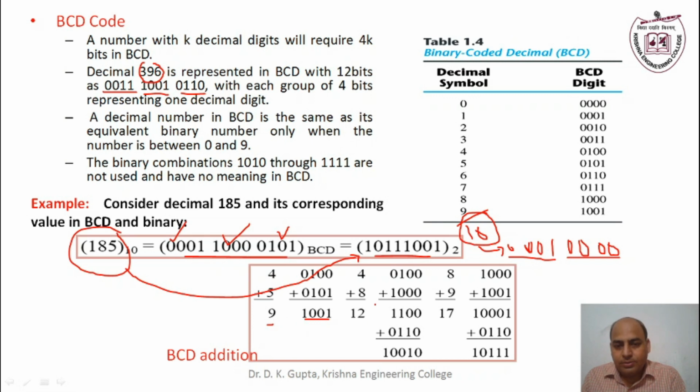But whenever we add 4 plus 8, 4 means 0100 and 8 means 1000. When we add these two, we get the sum 1100, and 1100 is invalid BCD, because BCD ranges from 0 to 9.